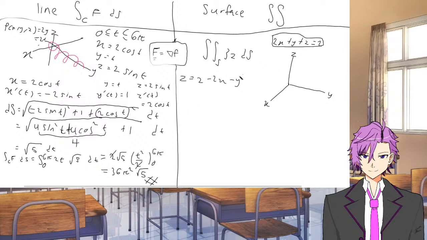Oh, okay. So we have the three variables here. This is going to be bounded by the region lying in the first octant. Now, what was that again?